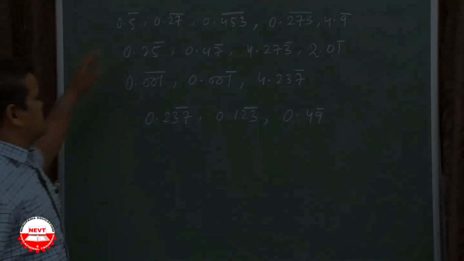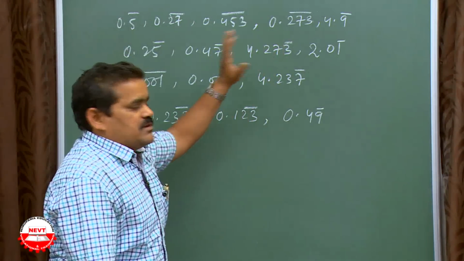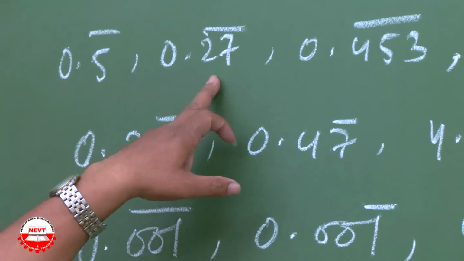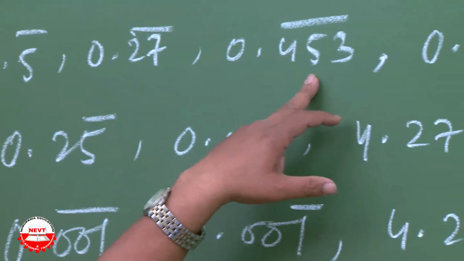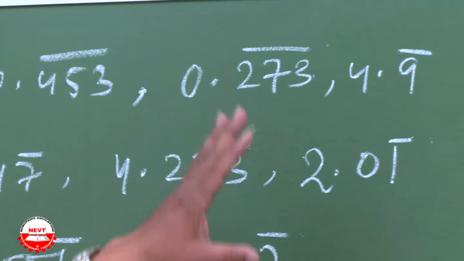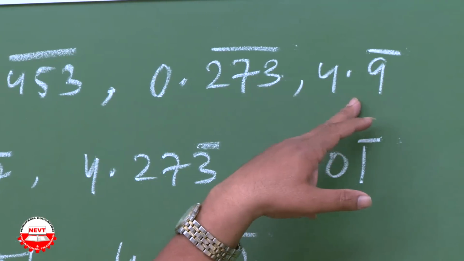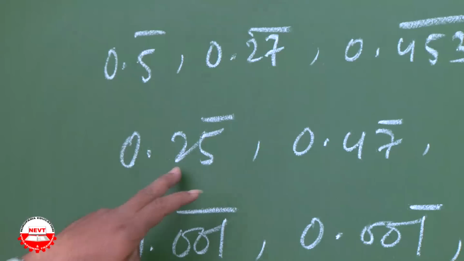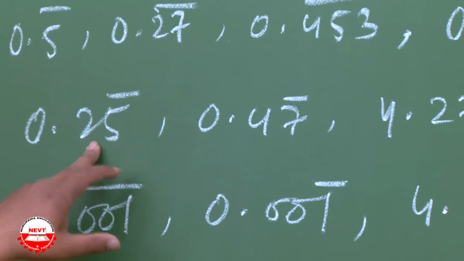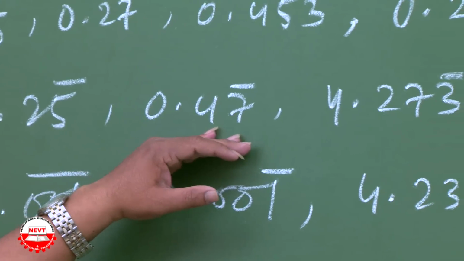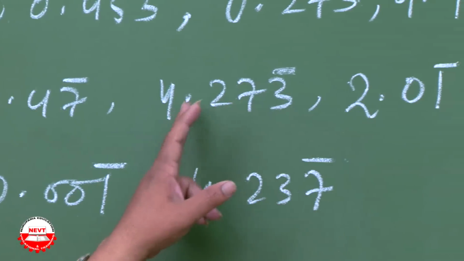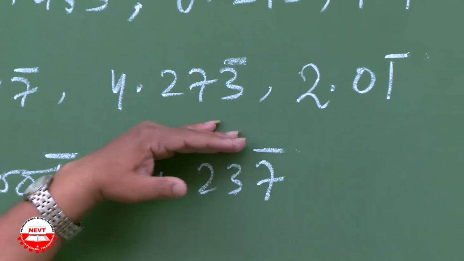These are the questions you try at home; practice them. 0.5 bar is 5 by 9, then 27 by 99, 453 by 999, 273 by 999. These are the answers. This is 23 by 90, since 25 minus 2 is 23. This is 43 by 90. This is 4273 minus 427 over 900.